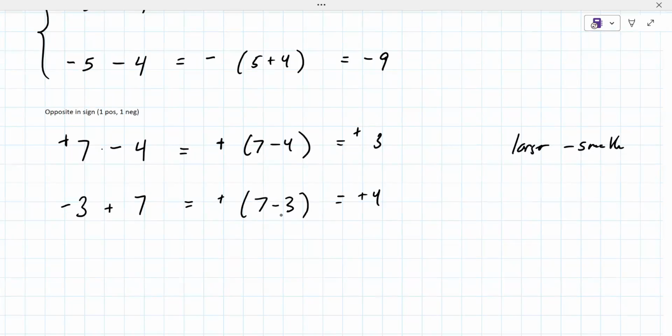Now it works when we're going the other direction. Let's say it's 5 minus 8. Which is further from 0, 5 or the -8? Well, it's the -8. That tells you that it's negative. Then you take the larger and subtract the smaller without the signs.